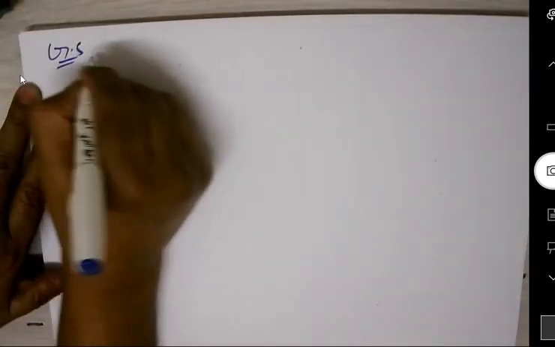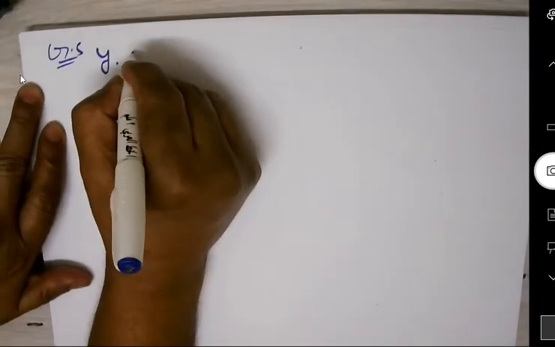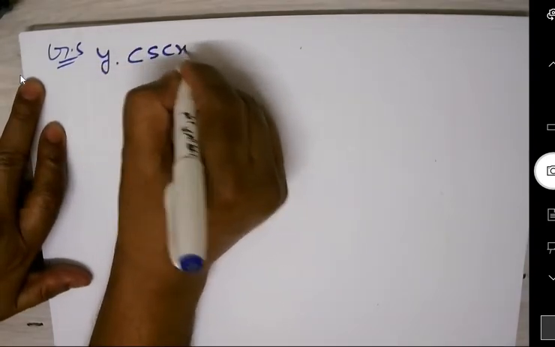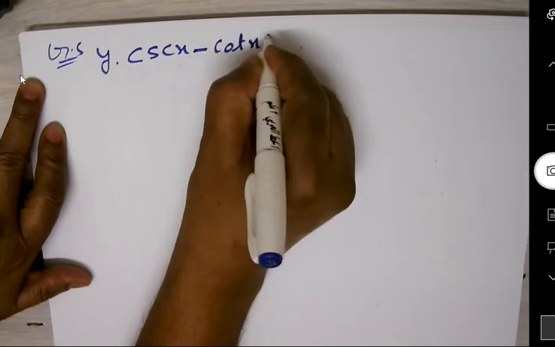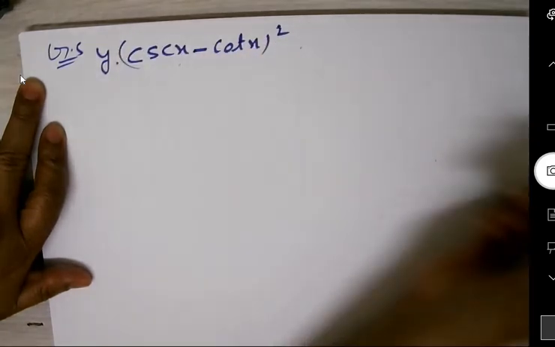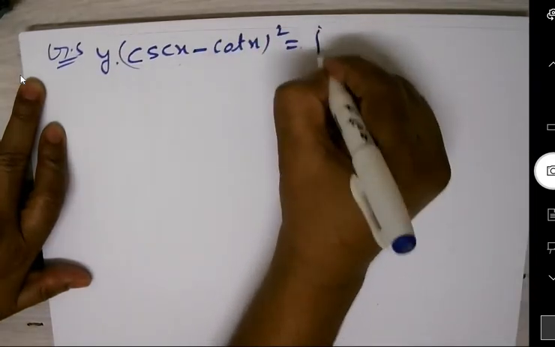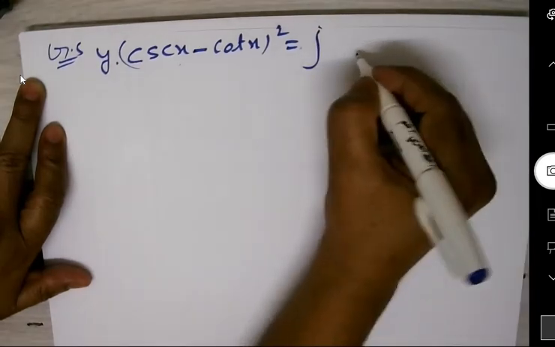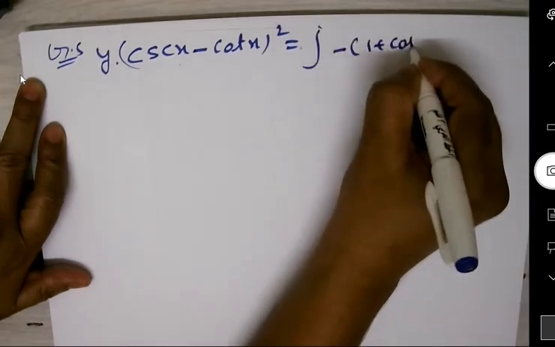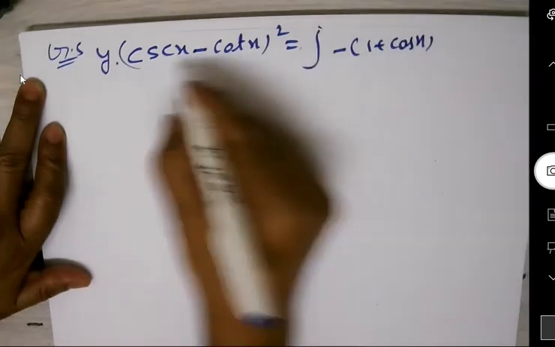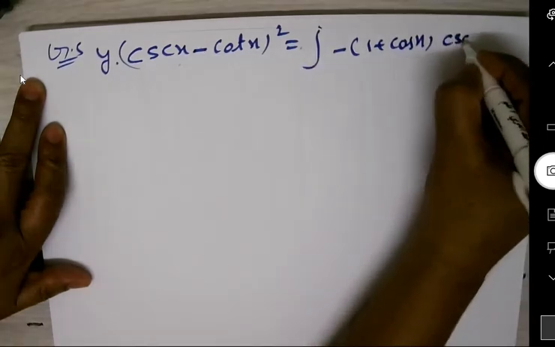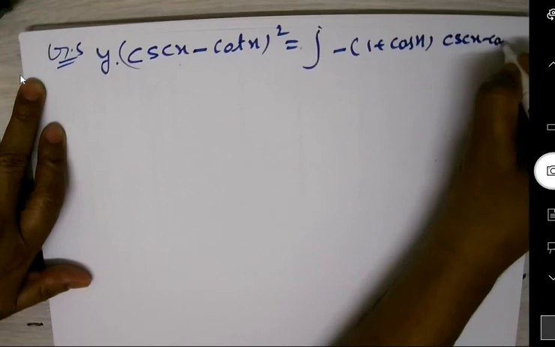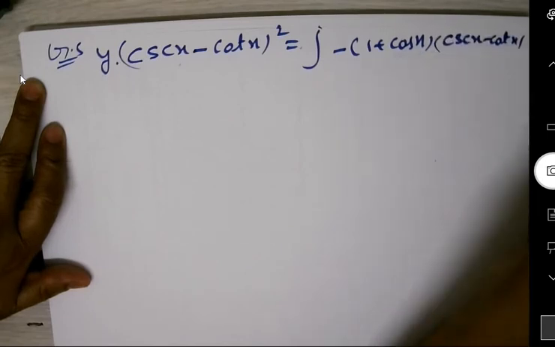So, if you got the integrating factor, then you can write the general solution also. So, what is the general solution? General solution is y times integrating factor, CSC of x minus cotangent of x power 2, equal to integration of Q. Q means minus 1 plus cosine of x, and this integrating factor CSC of x minus cotangent of x power 2.